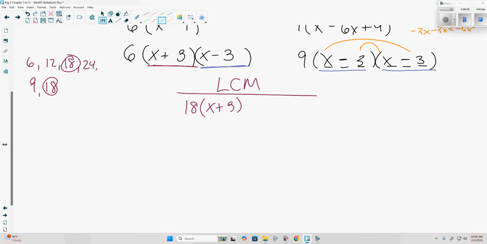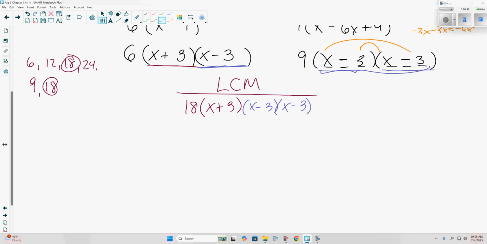Even though this one has 1, this one over here has 2, so we take 2 of them. We look at whichever one has the most sets of that factor and take that many. So yes, x minus 3 does show up 3 times between the two, but because the one on the right had it twice, we take 2 of them.